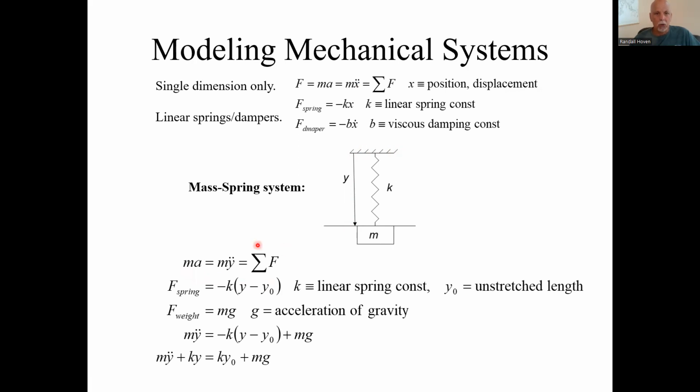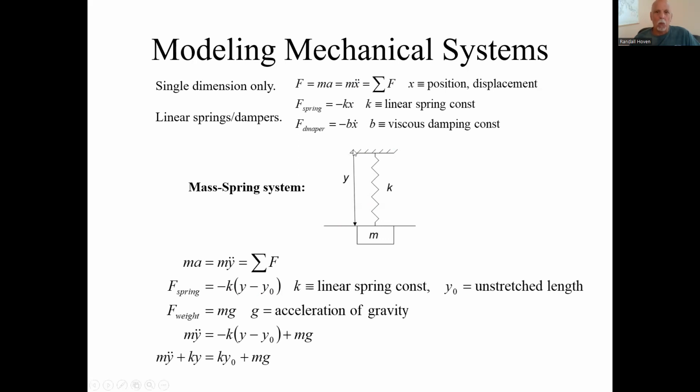Remember, here's the basic equation. It's basically F equals ma. The force of the spring is this proportion constant times this y minus the unstretched length of this spring. And what is the direction?